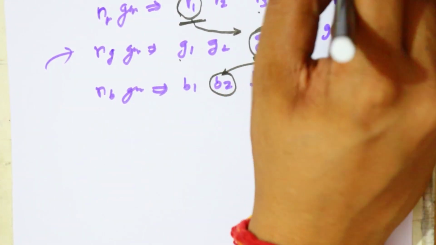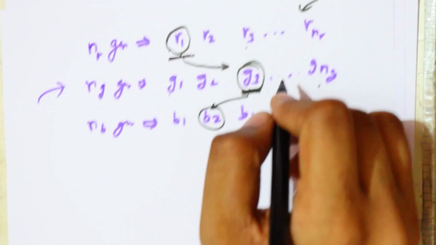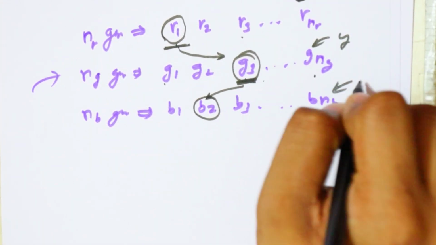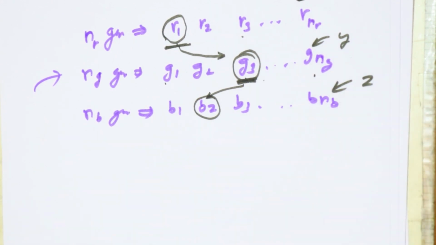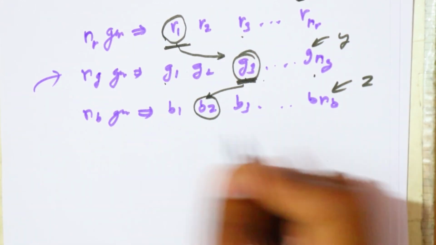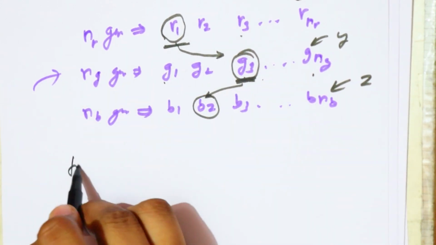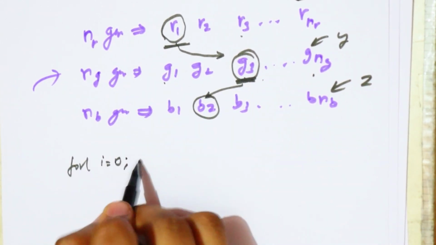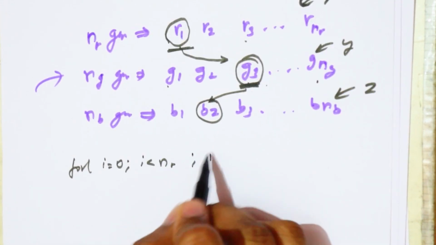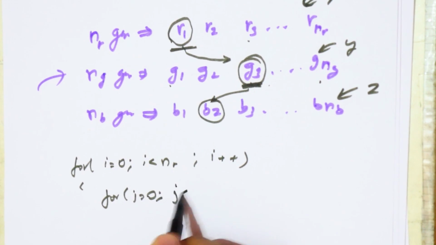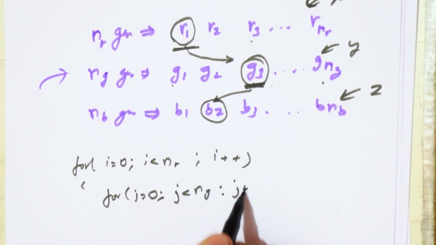We have to choose x from here, y from here, and z from here. So we will run a loop for i equal to 0, i less than nr, i plus plus. Then a loop for j equal to 0, j less than ng, j plus plus.